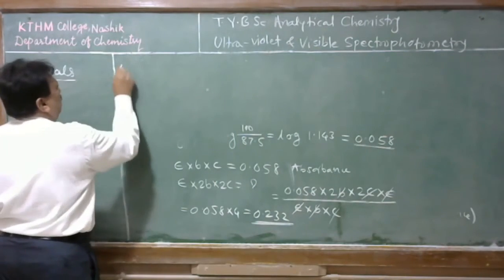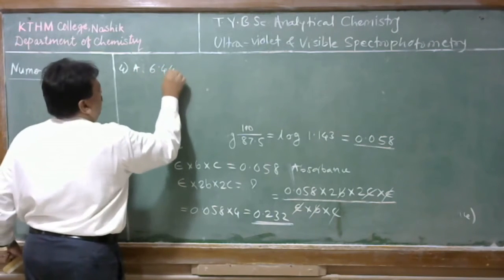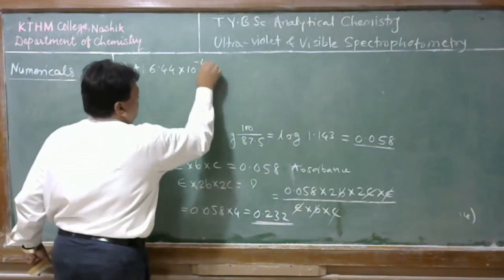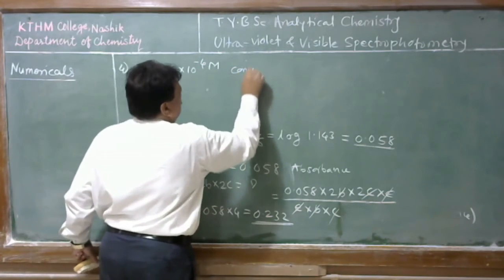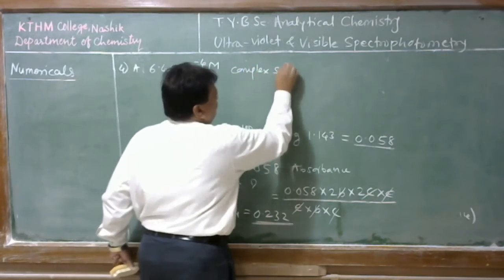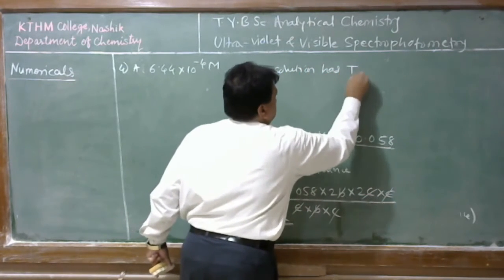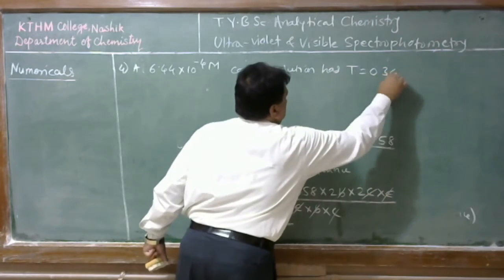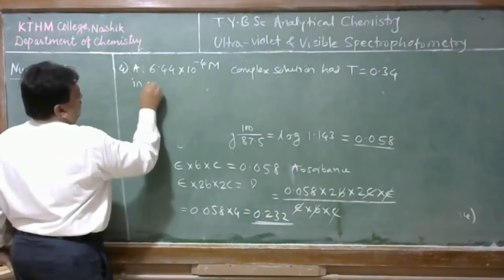Number 4. A 6.44 into 10 raised to minus 4 moles per liter of complex solution has T is equal to 0.34 in a 1 centimeter cell.